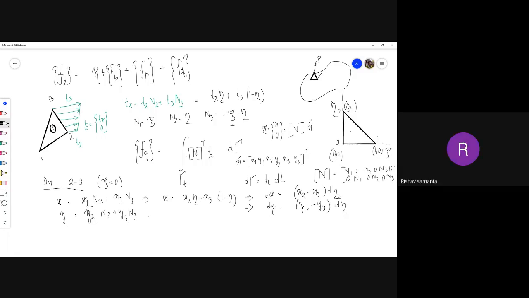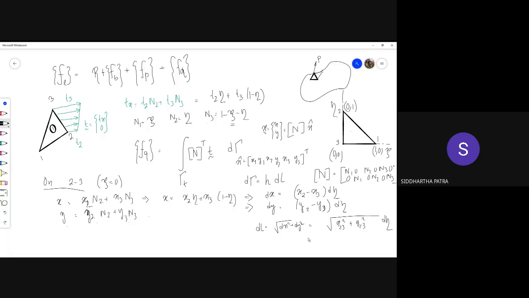Yes, sir. Okay, so differential length is square root of dx squared plus dy squared, which is basically x23 squared plus y23 squared, the way we defined earlier.